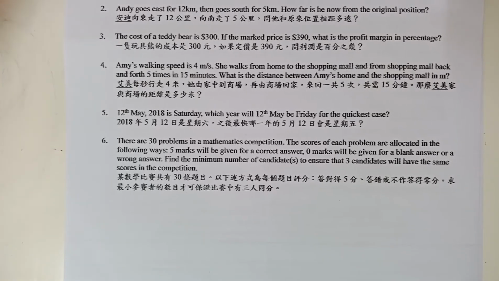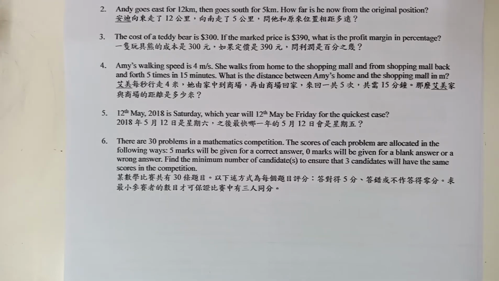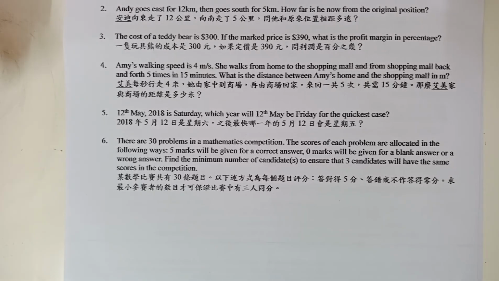The scores of each problem are allocated in the following ways. 5 marks will be given for a correct answer, 0 marks will be given for a blank answer or a wrong answer. Find the minimum number of candidates to ensure that 3 candidates will have the same scores in the competition. Okay? Please read over the problem again.